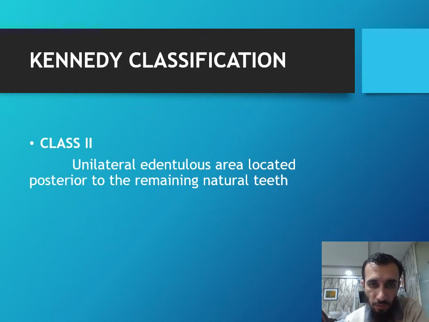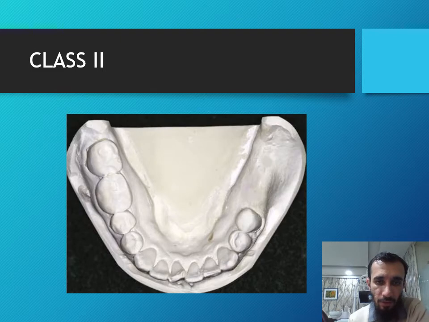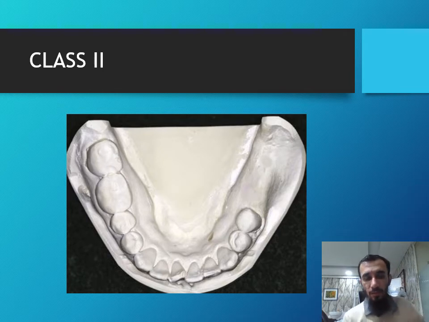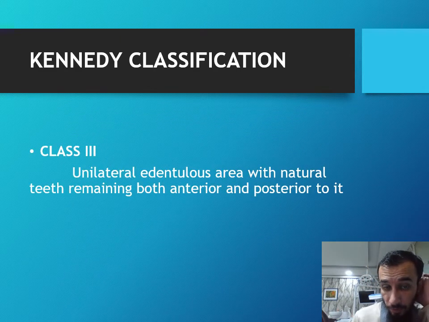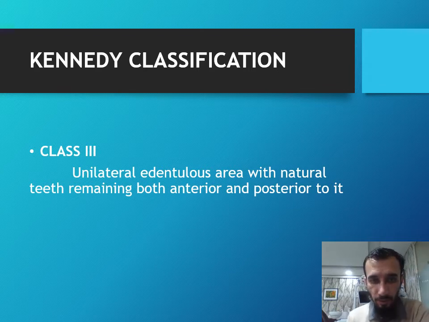Now, the class 2 situation is similar to the class 1 situation, but instead of having bilateral edentulous posterior areas, we have a unilateral free end saddle. That means that teeth are missing posterior to the natural teeth on one side of the arch. So this is Kennedy's class 2. In class 3, now comes the portion where you have a bounded segment.